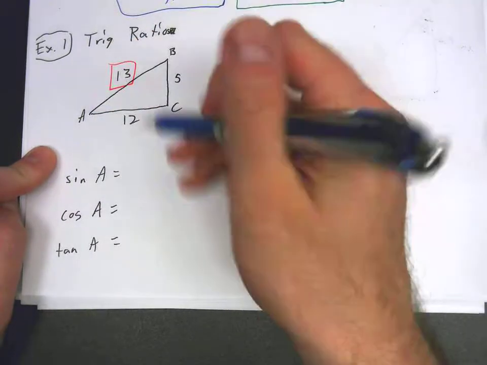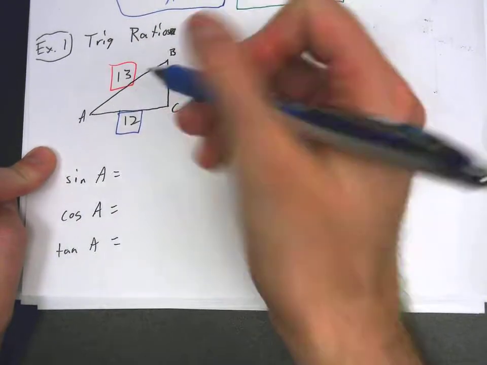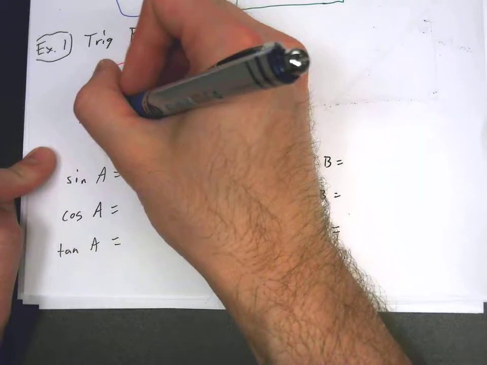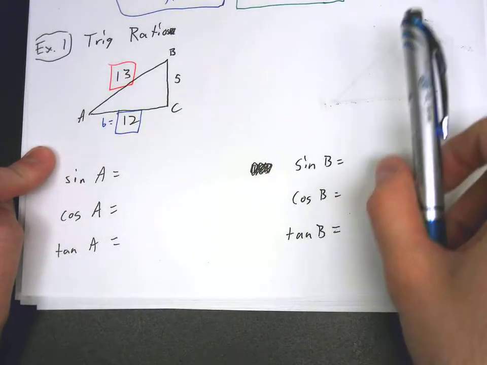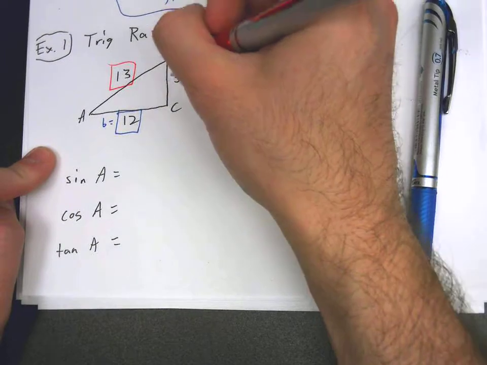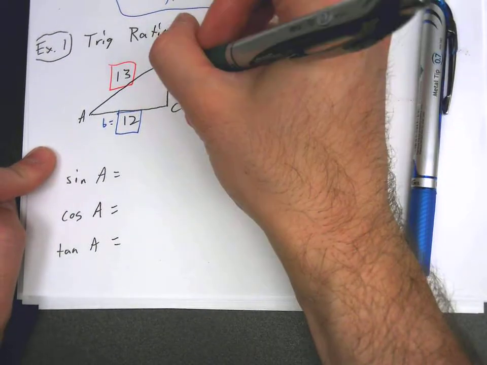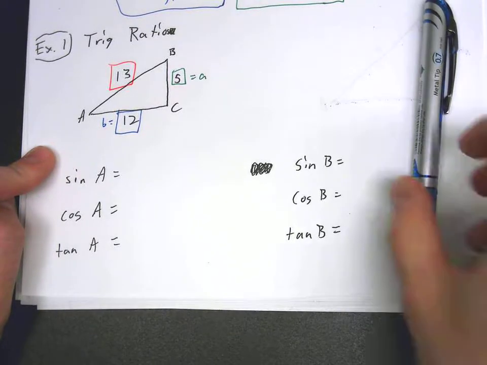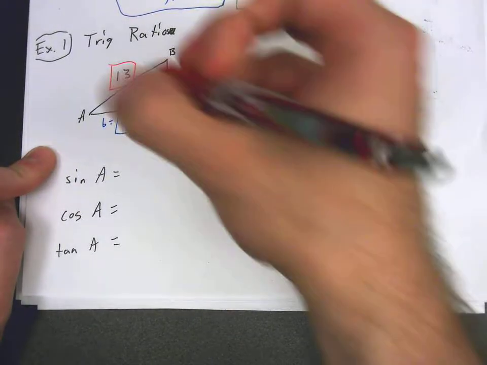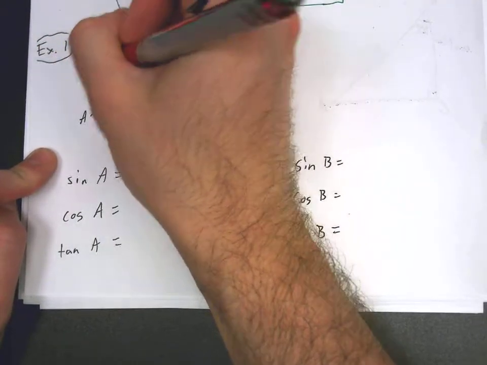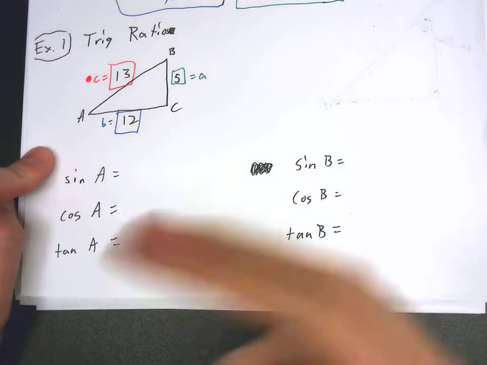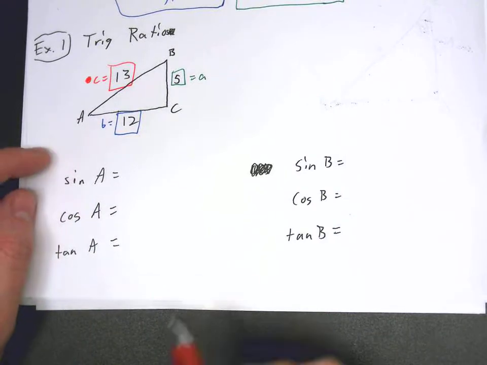We'll make our side between A and C, it's opposite of side B. So really you could think of this as being a little b. And then our side little a is going to be 5, and we're going to have that in green. So this would be little, sorry, not little a, this would be little c there. So you have the letters there, you know what we're referring to.